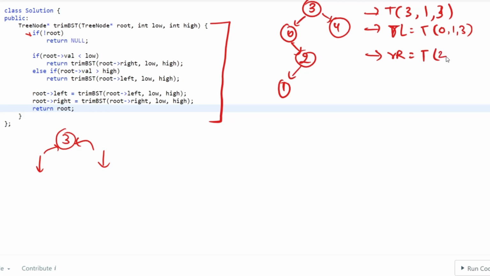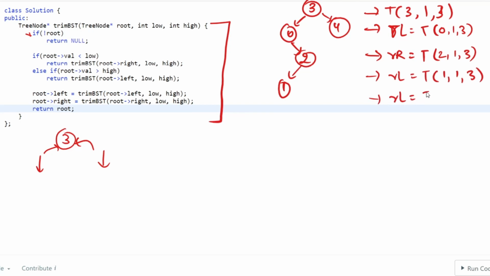So we are going to call 2 1 3, and in 2 1 3, is 2 less than low? No. Greater than high? No. So we are going to call its left, and left will be 1 1 3. So 1 is less than low? No. 1 is greater than high? No. Both cases no. So we are going to call its left.